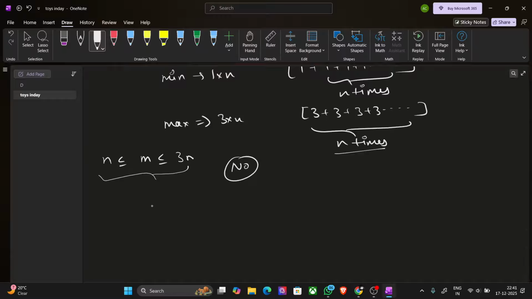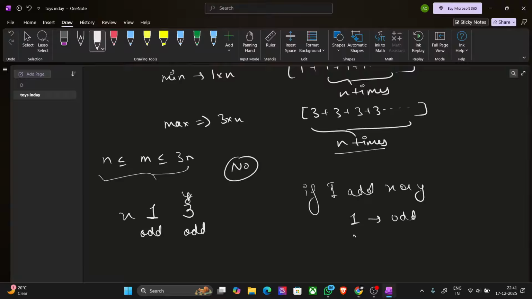First of all, if you look at the numbers which we are given, that is 1 and 3, both of them are odd, which means if I add any of these, let's say x and y, if I add x or y, let's say 1 time, then the answer will be odd. If taken 2 times, the answer will be even. If taken 3 times, the answer will be odd again.